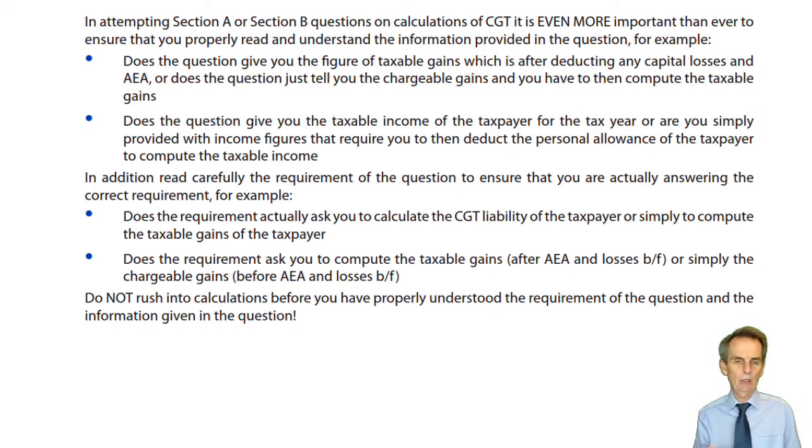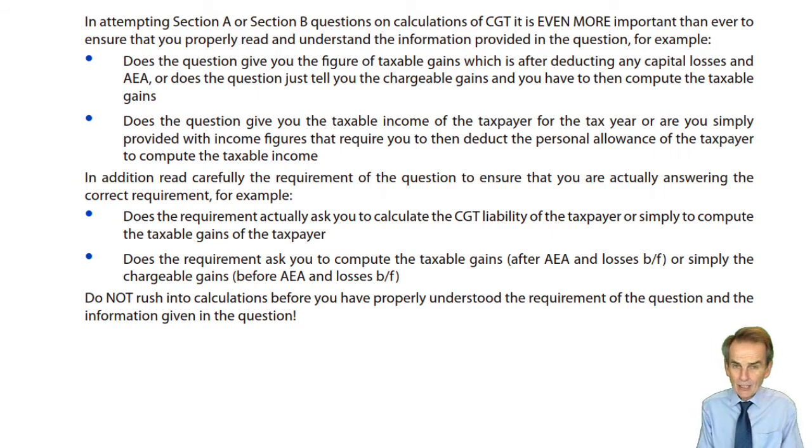So it is critical, therefore, that you read the information in the question and analyse the precise requirements of that question very carefully. Only when you have decided that you know exactly what needs to be done and the means by which to do it, do you then proceed to start pressing those buttons on your calculators, but do not rush in.